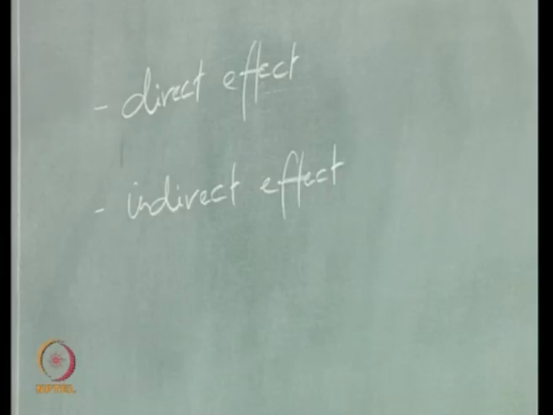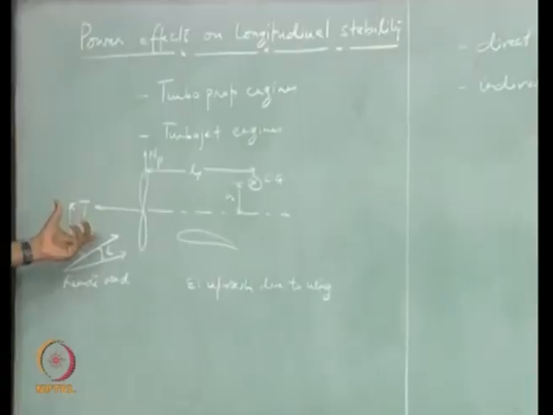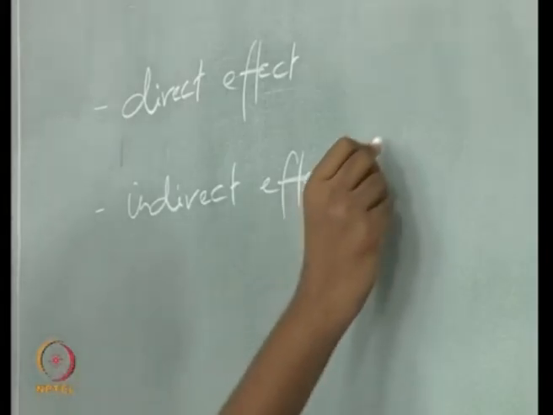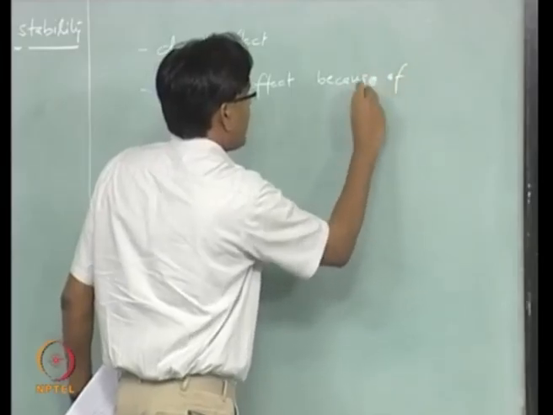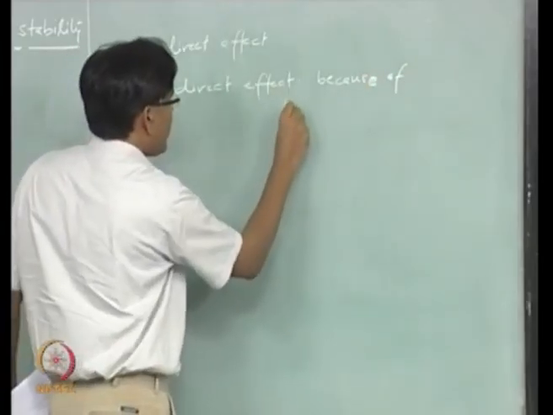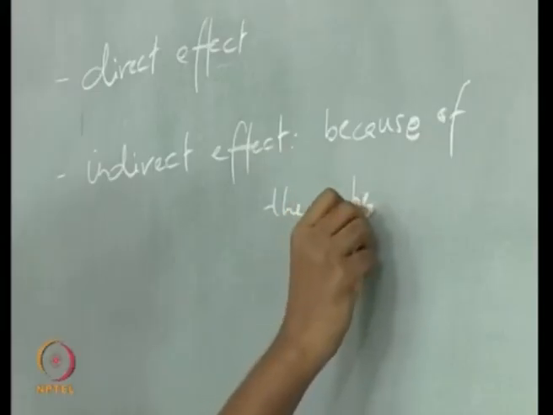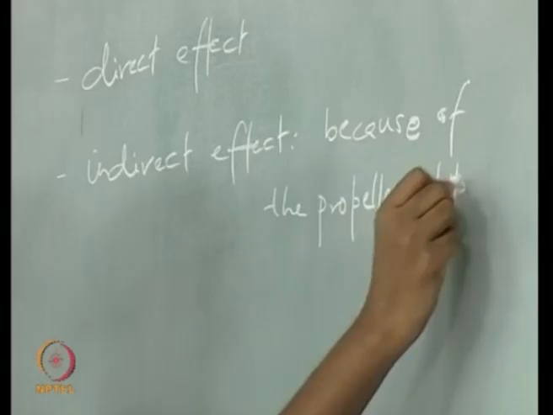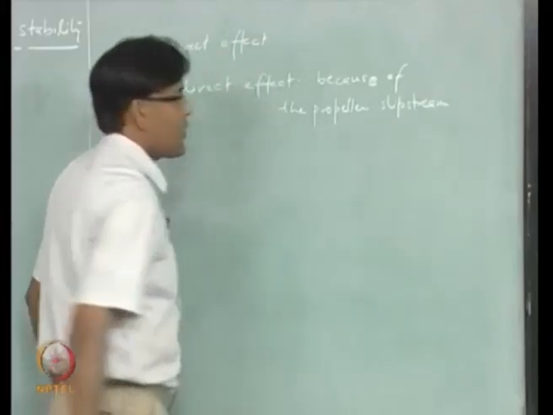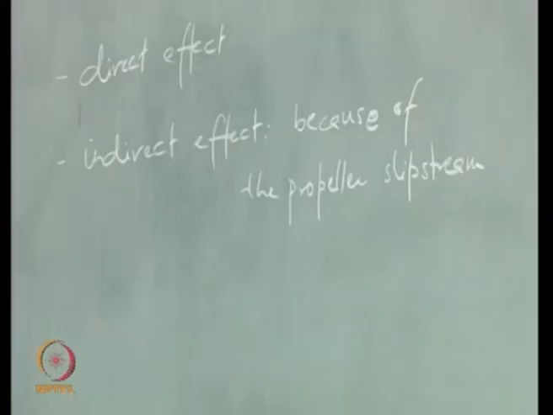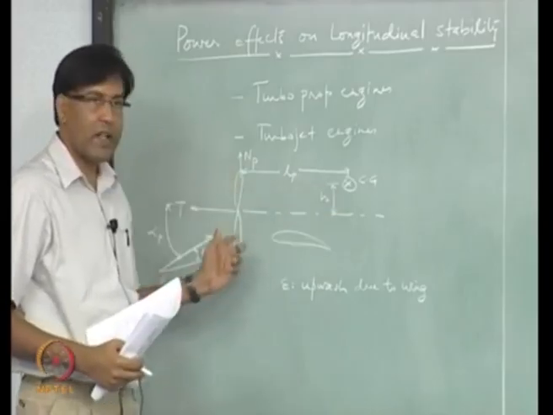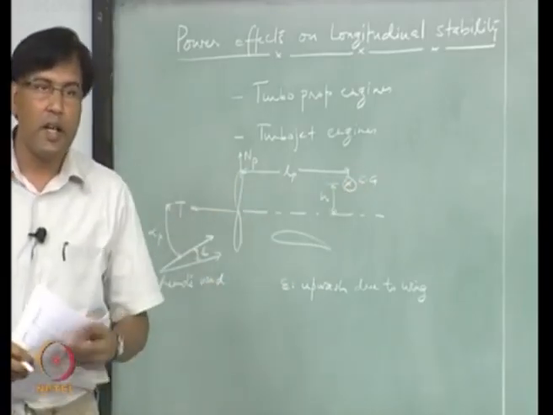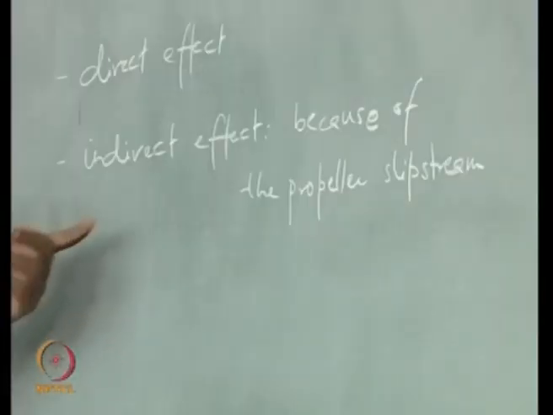Direct effect is because of these forces that are being produced, right, and indirect effect is because flow is leaving this propeller and is going to affect everything behind it, right, and that is going to have an indirect effect on longitudinal stability.